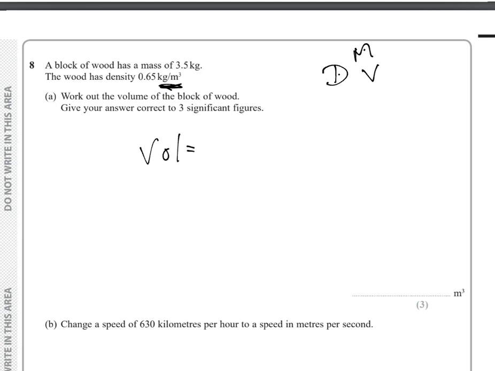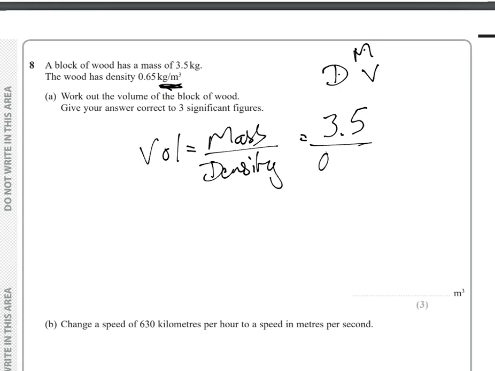Volume equals mass over density. Mass is 3.5, density is 0.65. 3.5 divided by 0.65 is 5.3846. 5.38 meters cubed.